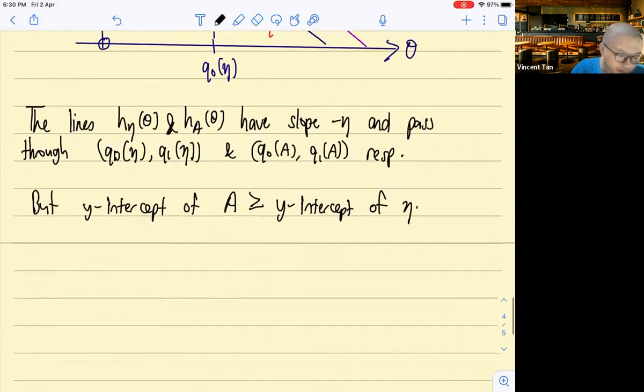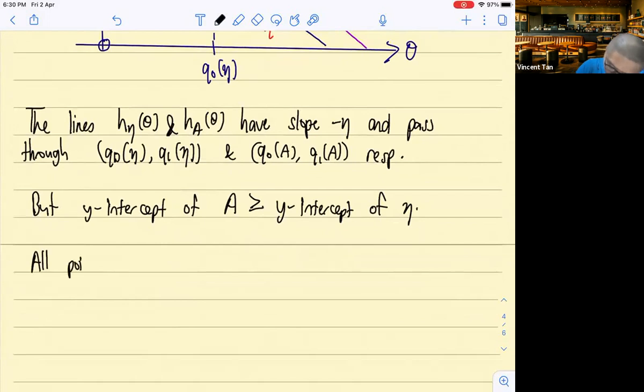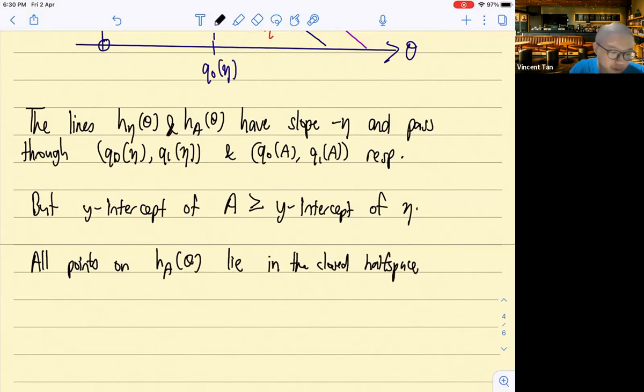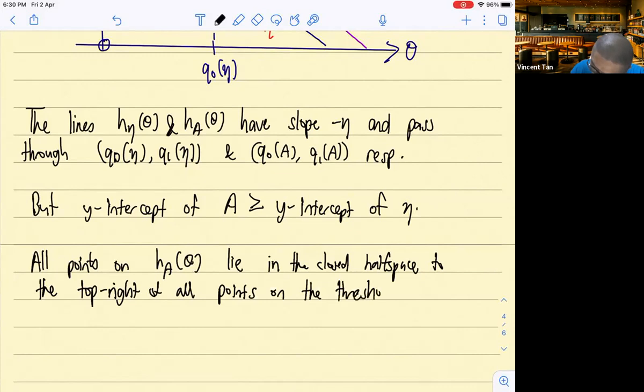So we conclude that all points on the operating line of the arbitrary test lie in the closed half space to the top right of all points on the threshold line, which is given by h of eta theta.